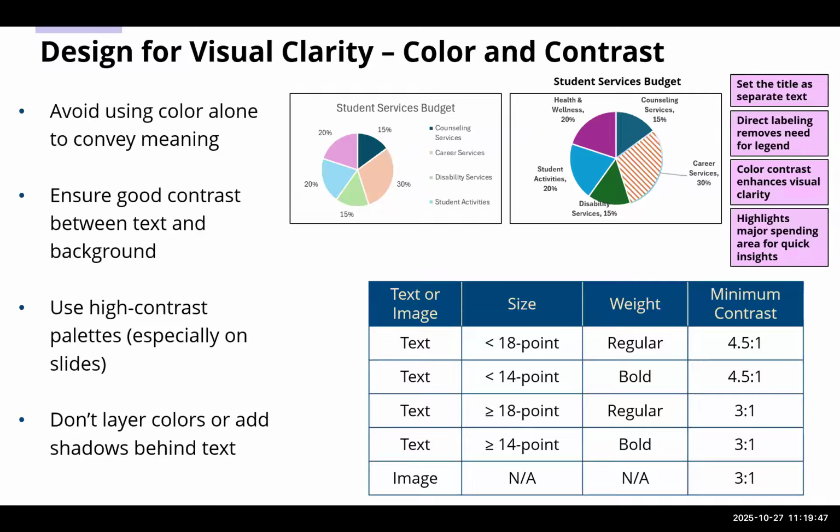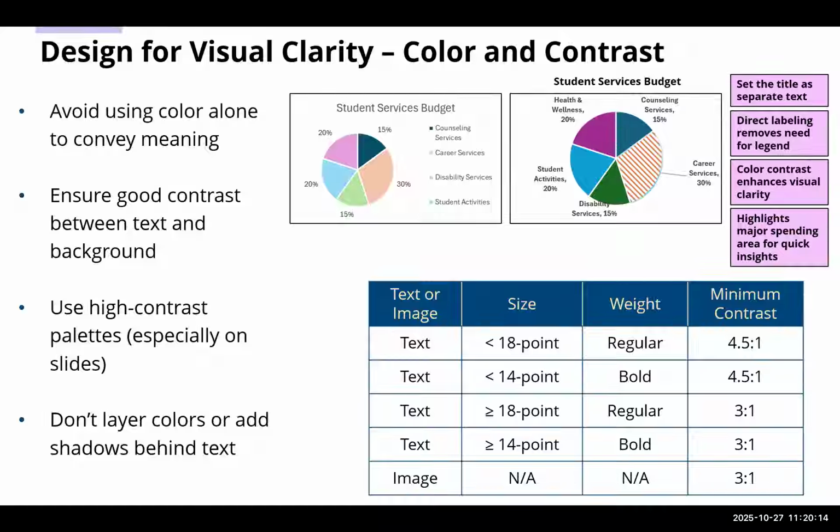Also, try to avoid layering colors or adding shadows and gradients behind the text, since they tend to blur the edges and reduce readability for most people. A simple way to test your design is to print your slide or web page in grayscale. If everything still looks clear and easy to read, your contrast is definitely solid.